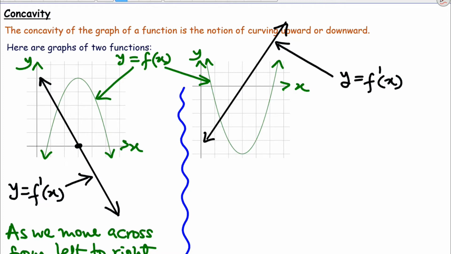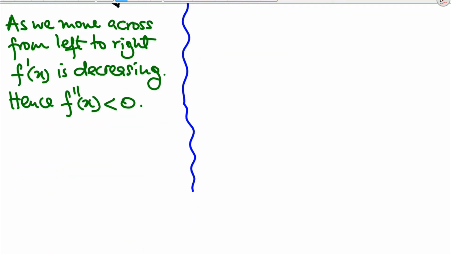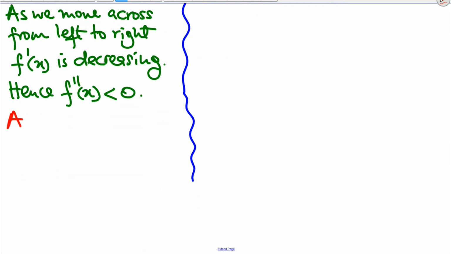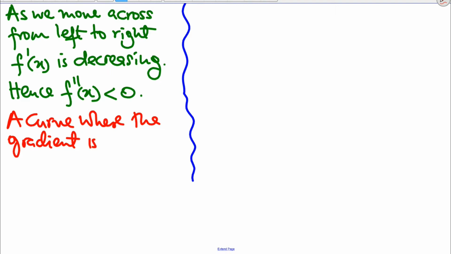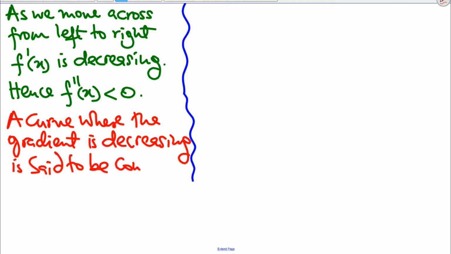A curve where the gradient is decreasing is said to be concave downwards.